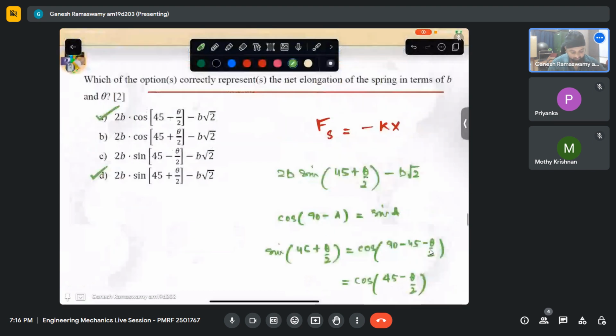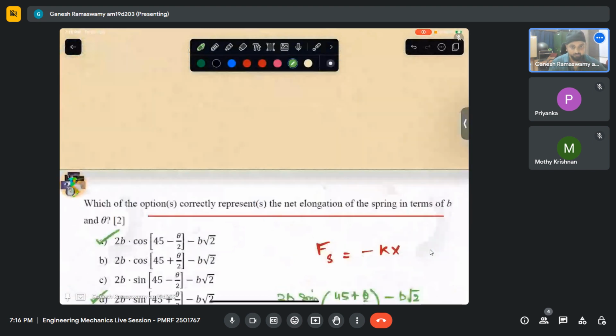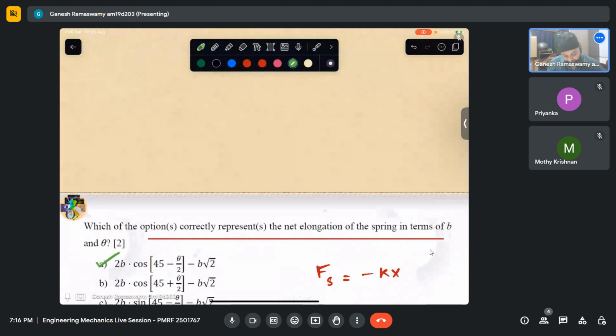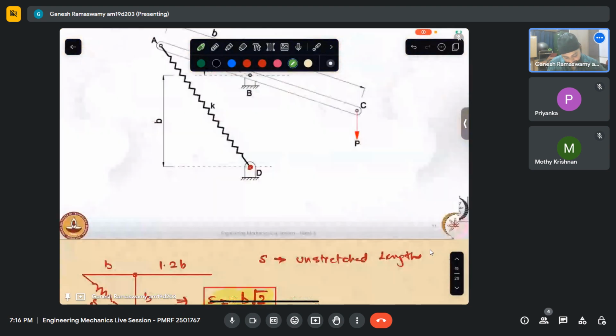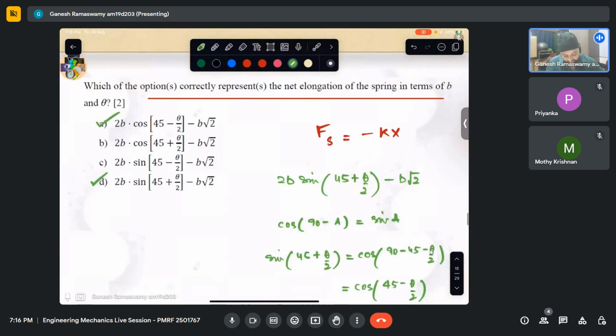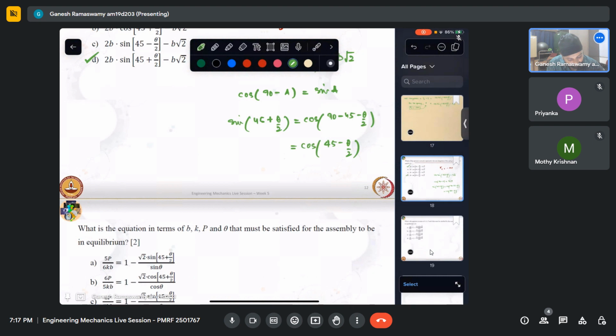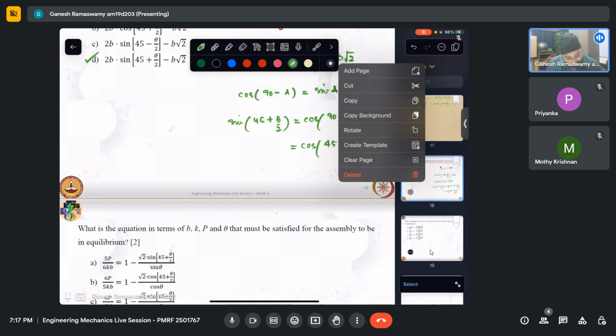All right. So we have got the actual elongation in the spring. So can we calculate the spring force? Now that we have got this, what will the spring force come out to be?